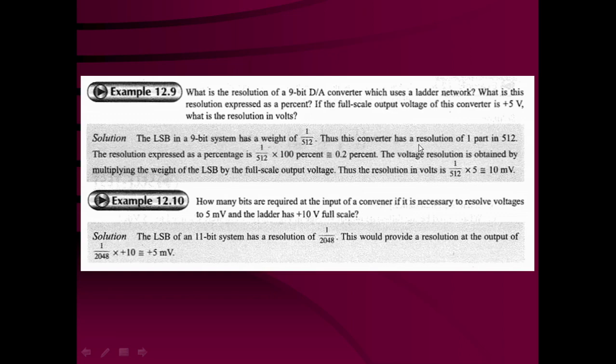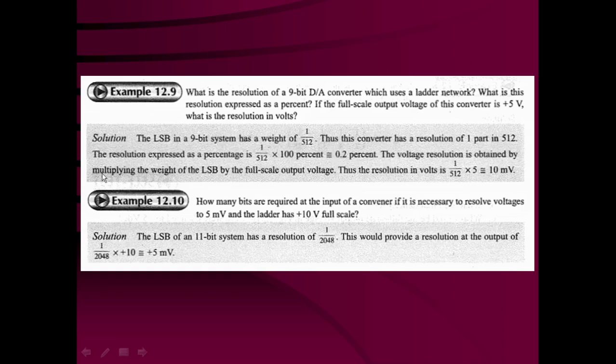Thus, the converter has a resolution of 1 part in 512. The resolution expressed as a percentage is 1 upon 512 multiplied by 100, that is approximately 0.2%. So, this circuit has a resolution of 0.2%.